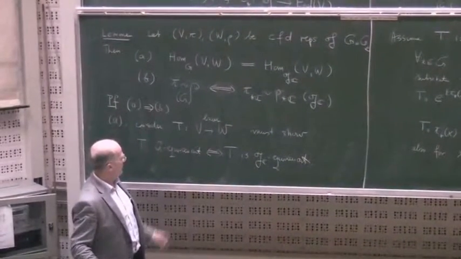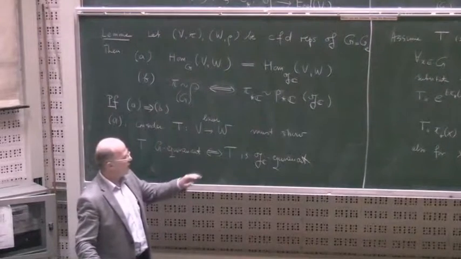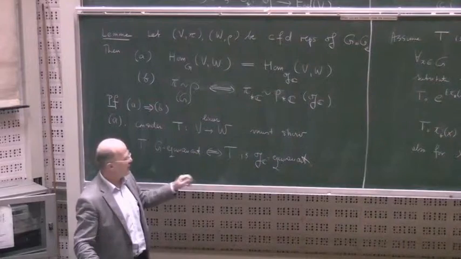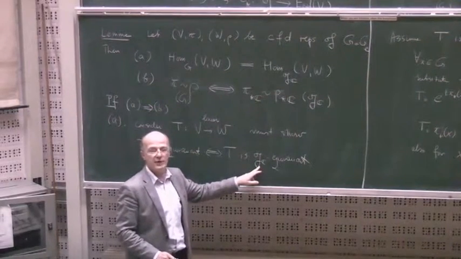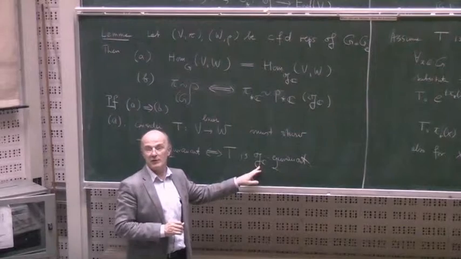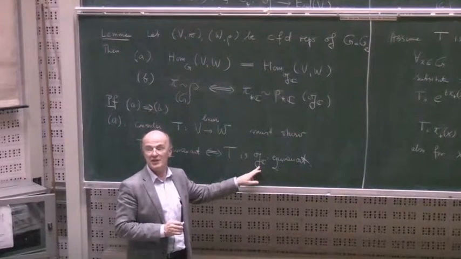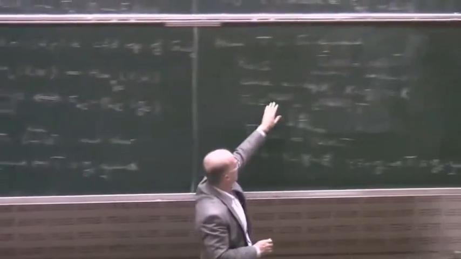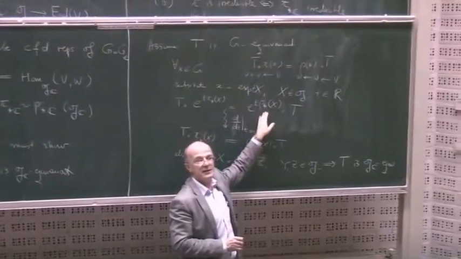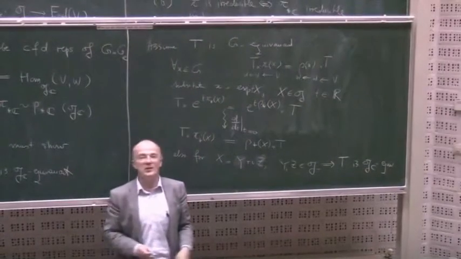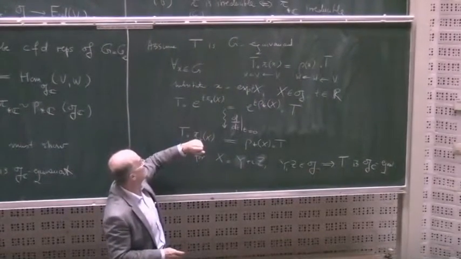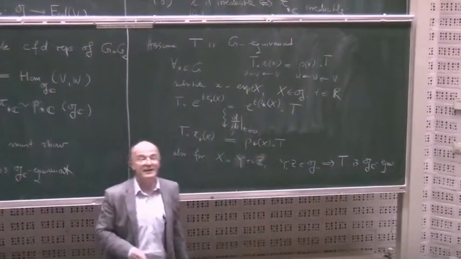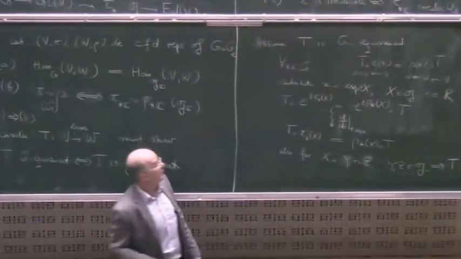We have established the implication from left to right, and from right to left we apply the usual technique. First of all, if T is G_C equivariant, then it clearly is equivariant for G, because G is contained in G_C. But then the exponentials here are given in terms of power series, and we are in a finite dimensional situation where linear maps are continuous, and so commute with power series expansions, and we get the equivariant property.